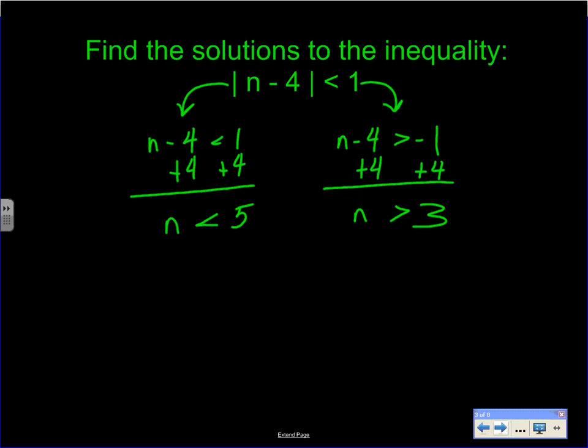And if we look here, the answer to this falls between 3 and 5. Those are the only numbers that we can plug in to the beginning of the problem and make that inequality true, to make the left side less than 1. So there's our solution here.